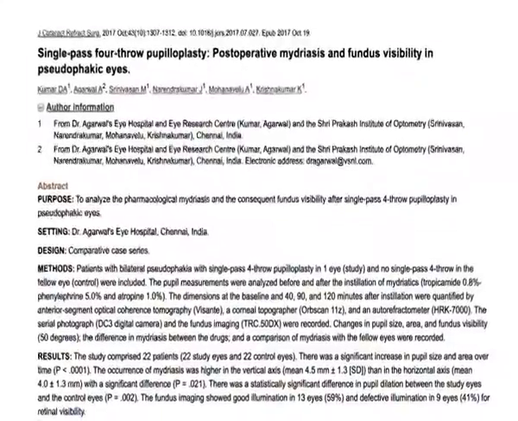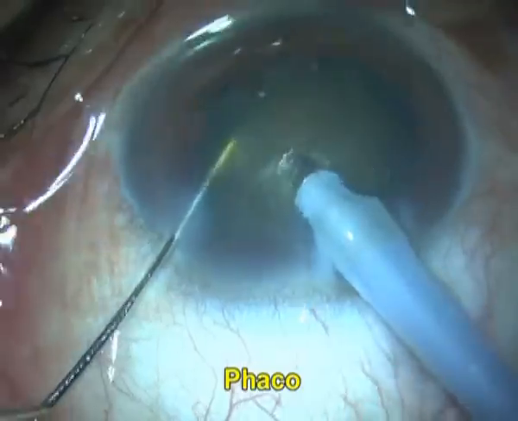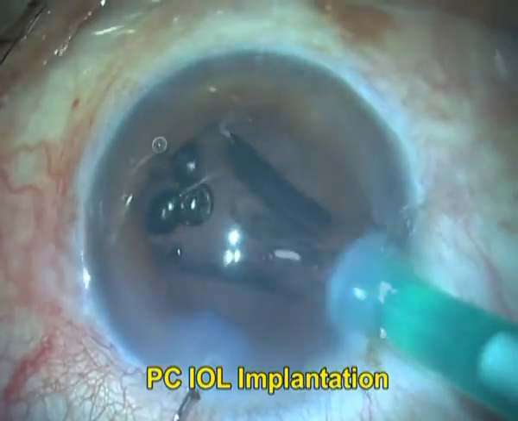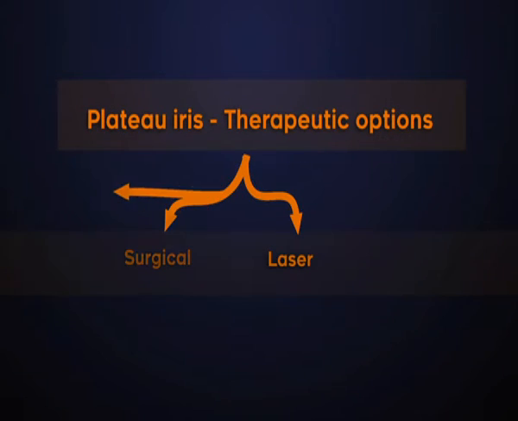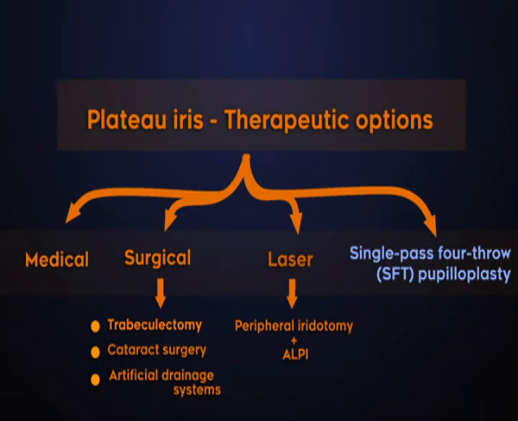The post-surgical mydriasis has also been studied after SFT. Moreover, SFT can easily be combined with cataract surgery with intraocular lens implantation. Since there are a few treatment options and no treatment is fully successful, single-pass fourth-row pupilloplasty can certainly be useful in such eyes with failed PI.